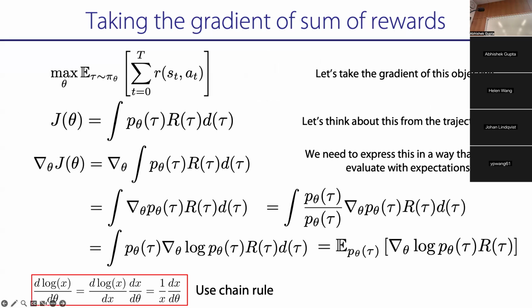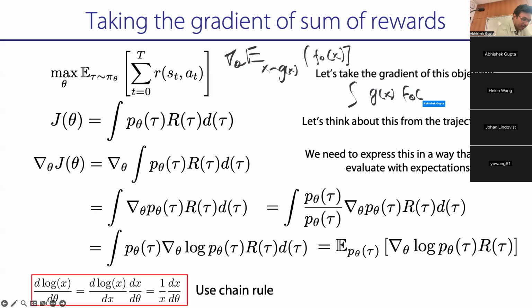Why is it wrong to take the gradient of the expectation? Let's say I don't do this trick. Why would we have to derive it? If you remember what we did last time, we did the expectation of x coming from g of x, f theta of x, and we said we're going to take the gradient here. The reason we could move the gradient inside was because if you write this as an integral, g of x, f theta of x dx, the gradient goes back inside.